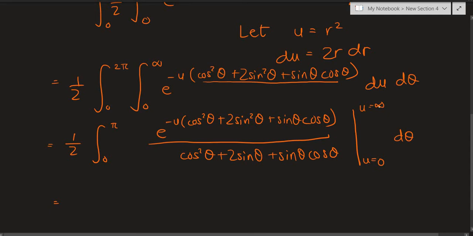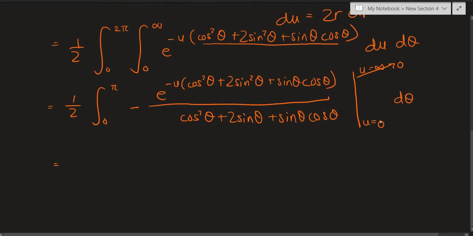Okay, so now notice that as u tends to infinity, this term is just u times some constant, so e raised to negative u times some constant will just decay to 0, right? So at infinity this goes to 0, and at 0 we just have a 1. So at infinity minus the integral at 0, and we have a negative sign because the coefficient was negative, that constant.